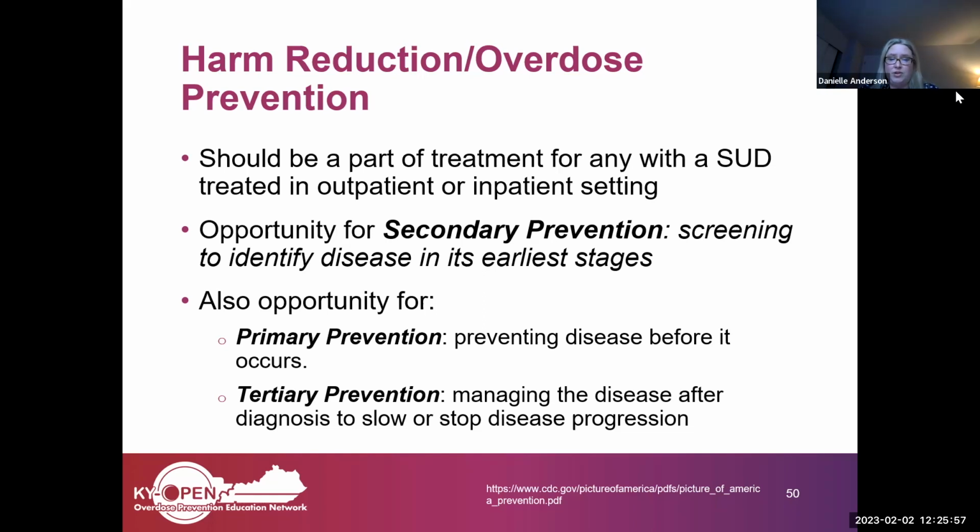It's also an opportunity for primary prevention, where we might prevent disease before it occurs, or prevent someone from developing another substance use disorder. In tertiary prevention, this is managing the disease after diagnosis to slow or stop disease progression. Our opportunities for tertiary prevention is being able to treat hepatitis C, HIV, or other chronic illnesses when our patients with stimulant use disorders come in.